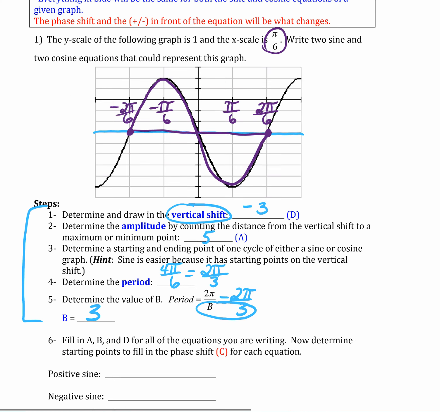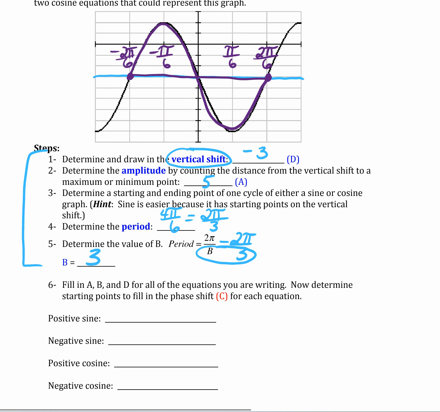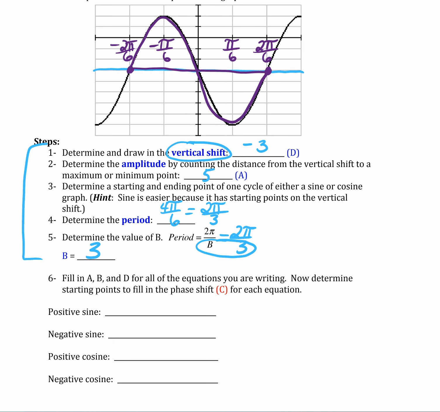So what I'm going to do now is fill in all this information into each of the equations. Everything is going to be y equals. Don't forget to put that, otherwise you have an expression rather than an equation. Then I'm going to put in our a value, which is 5 for all of them.